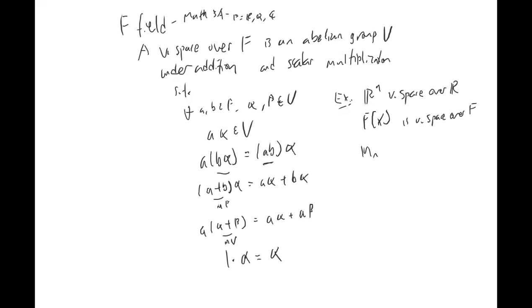The set of n by n matrices over F is also a vector space over F, since you can certainly multiply matrices by constants.